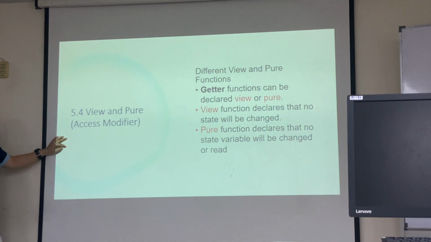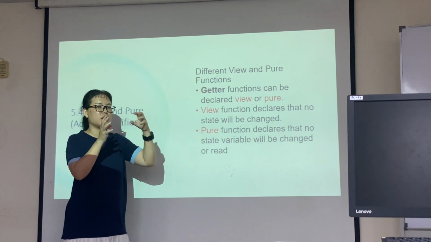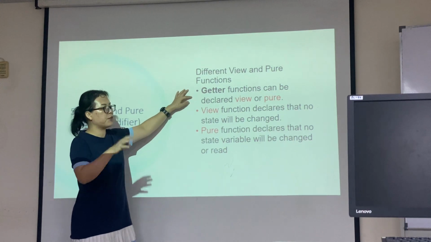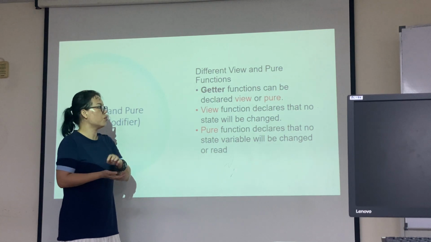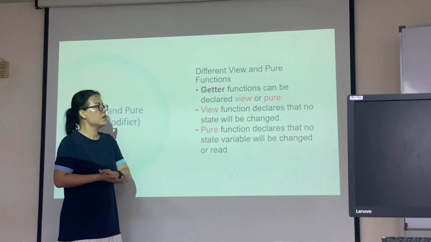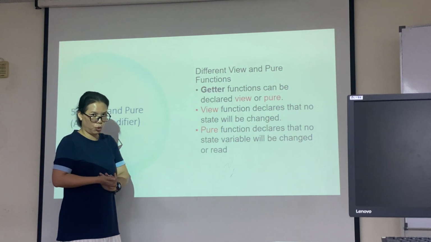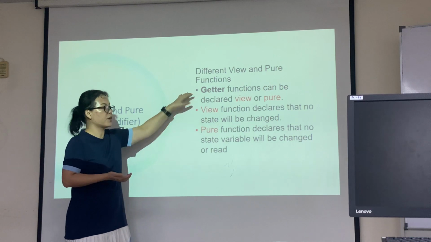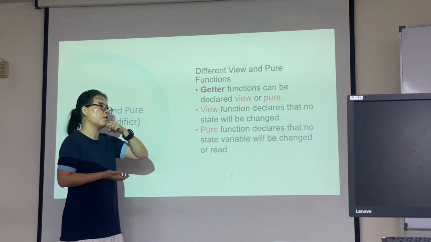So when you have a getting function, it means that it retrieves the data from the state variable. When you retrieve the data from the state variable, you can go and define the function as either view or pure. Getting is not about changing the state; it retrieves the data from the state variable.